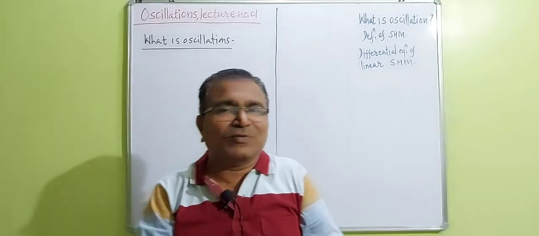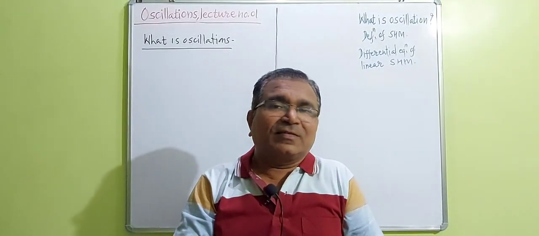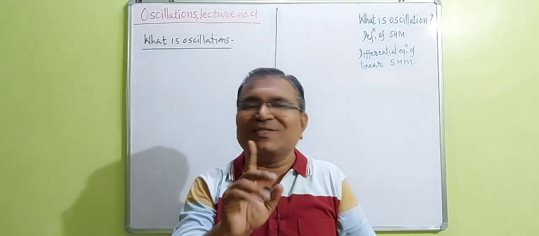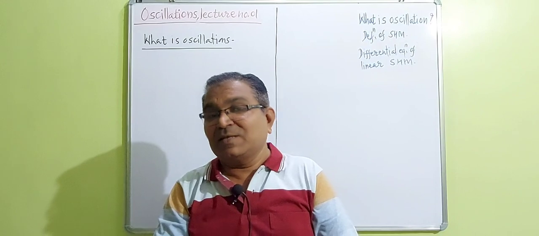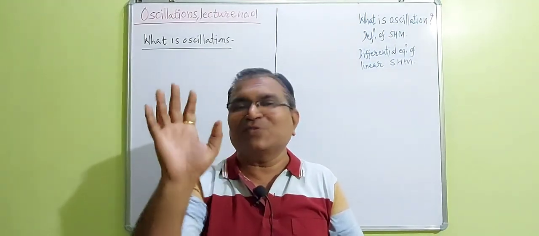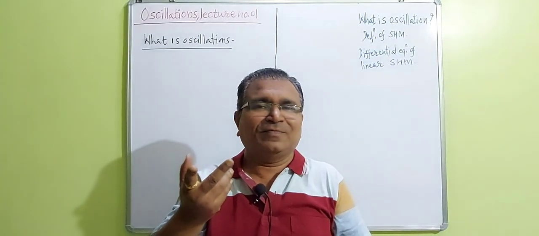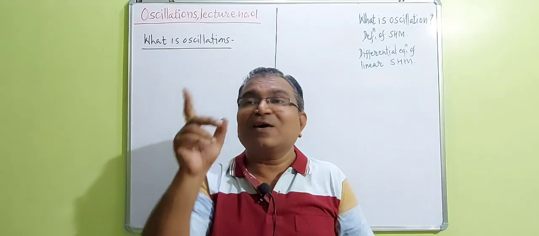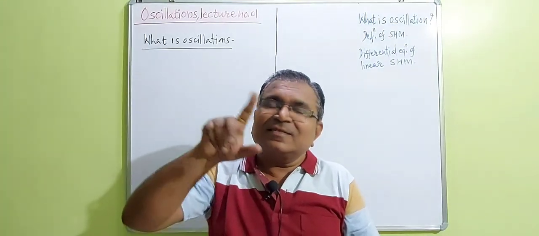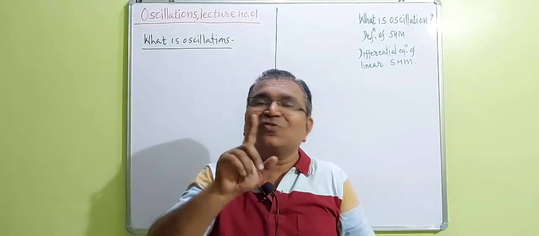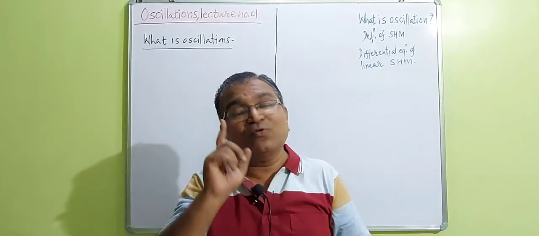Remember well, dear students, every periodic motion is not oscillatory motion, but every oscillatory motion is a periodic motion. The motion of the planet around the sun is a rotational motion. It is not oscillatory motion.